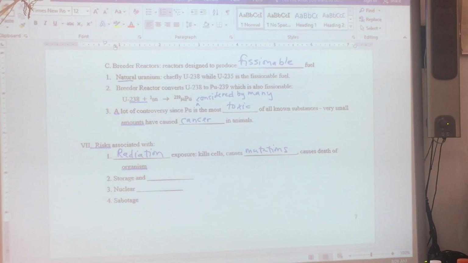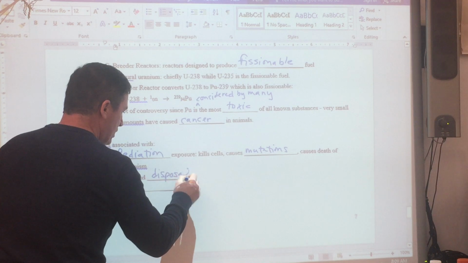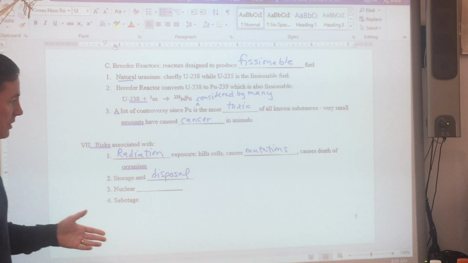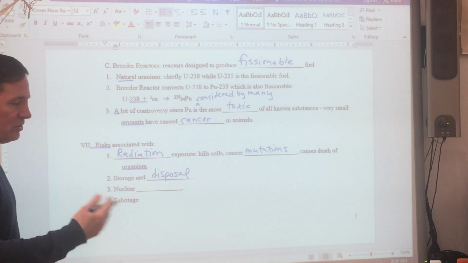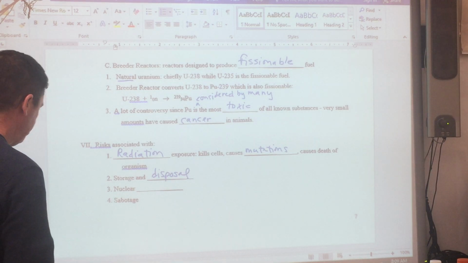Of course, there are also issues with storage and disposal. Eventually, these fuel rods are not going to have as much energy as they did. Over time, they lessen their energy because of their half-lives, and eventually we have to dispose of them. Where do we put them? Big question.